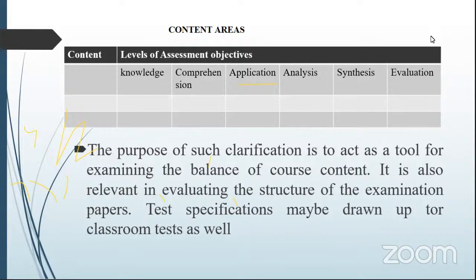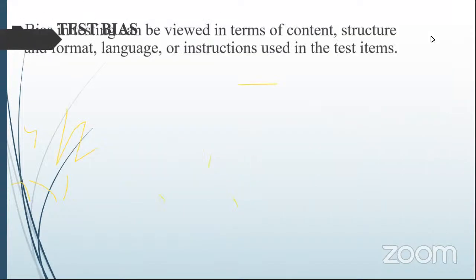It is also relevant in evaluating the structure of the examination papers. Test specifications may be drawn up for classroom tests as well. And if you start it from the level of the classroom, then it will not even be difficult for you when you go to higher levels.